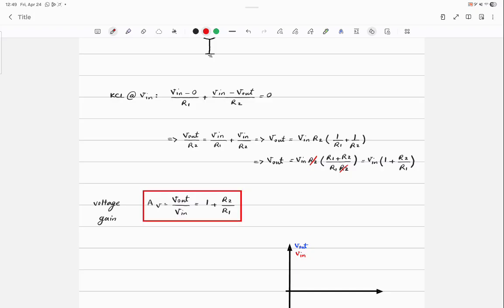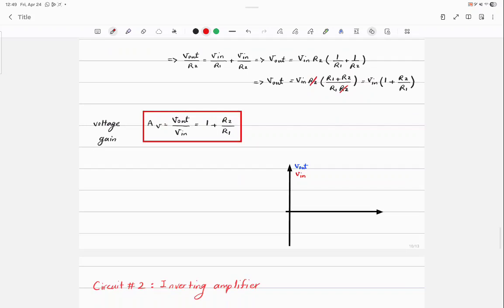Which means that by designing the value of R1 and R2, you can actually design this to give you a specific value for gain. For example, if R2 is 10 times bigger than R1, your gain will be 11. Okay?